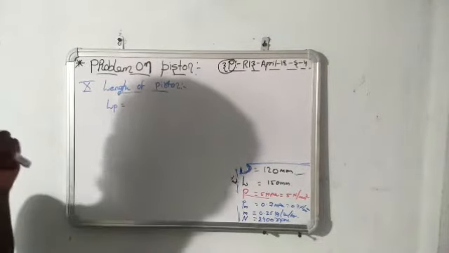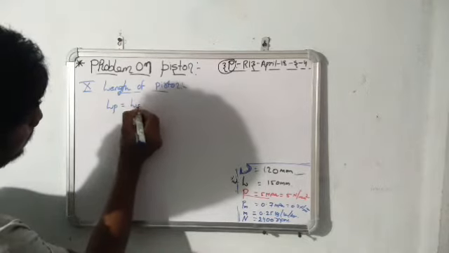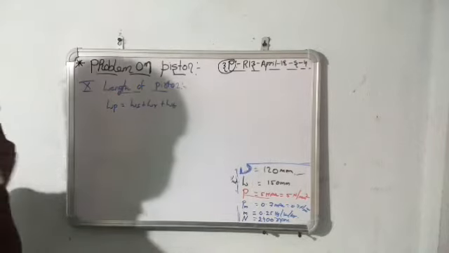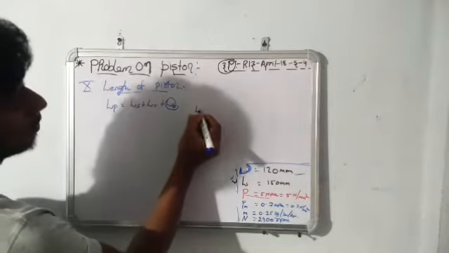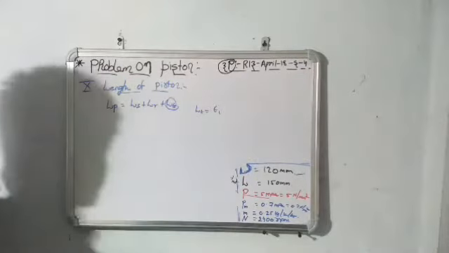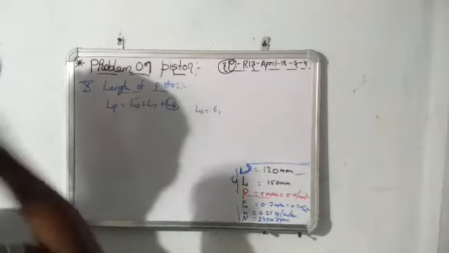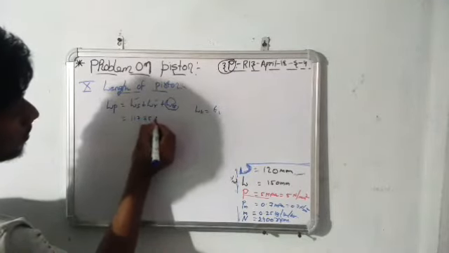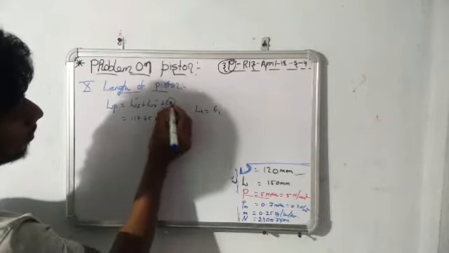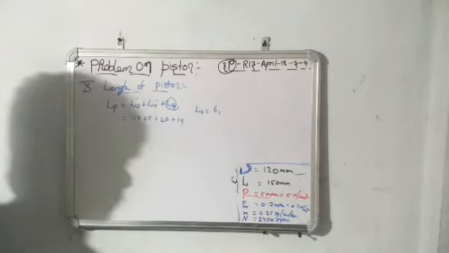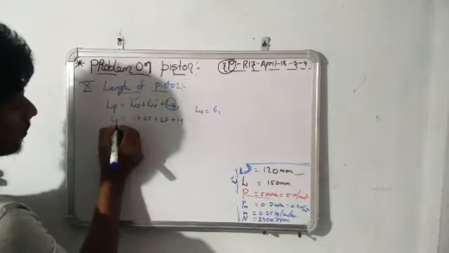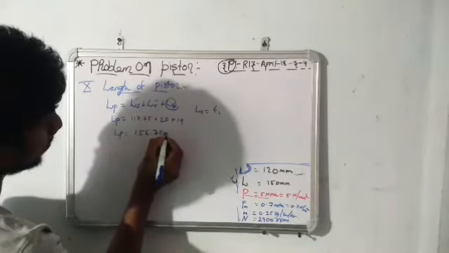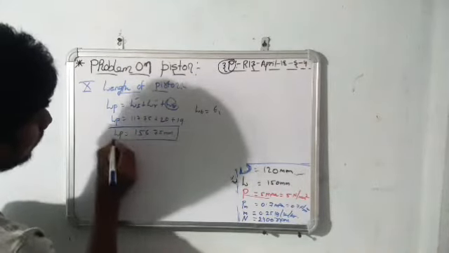That is equal to LS plus LR plus LT. LT is the top land of the piston, and LT is equal to T1. We know LS and LR. By substituting these values, 117.75 plus LR equal to 20 mm, LT equal to T1, so I am considering it as 19. By simplifying this, 156.75 mm. So this is about the length of the piston.